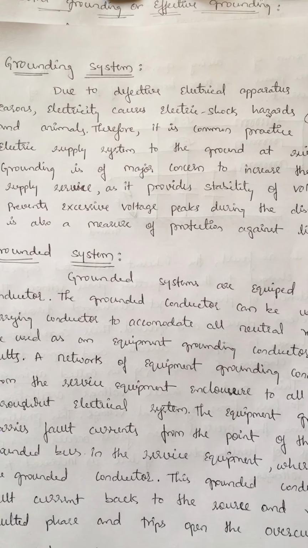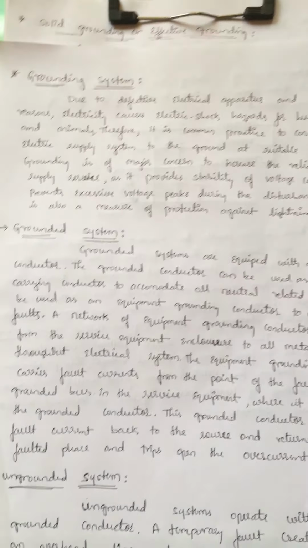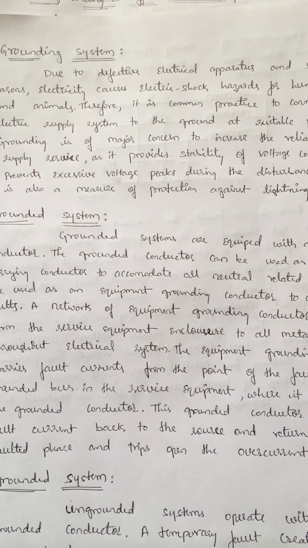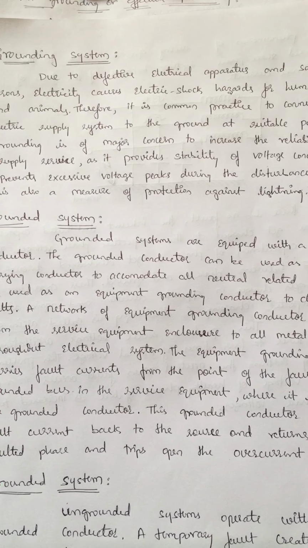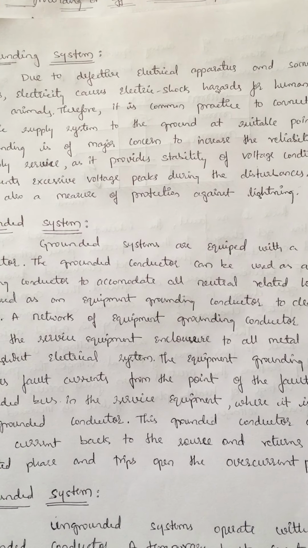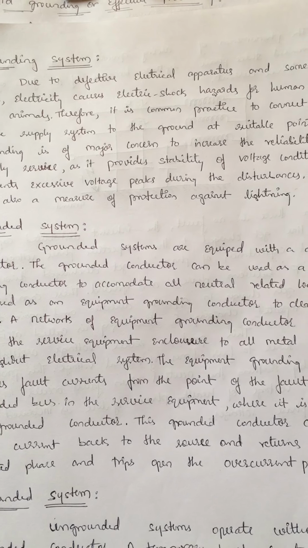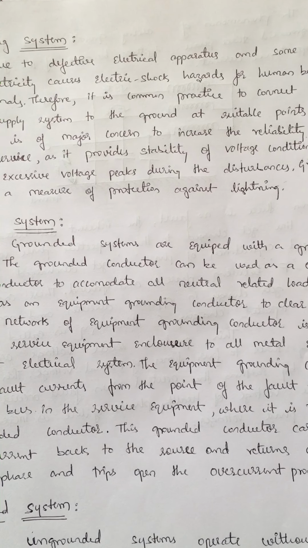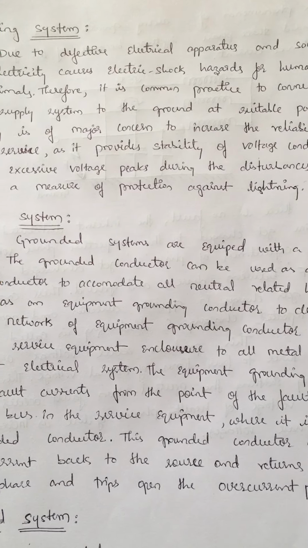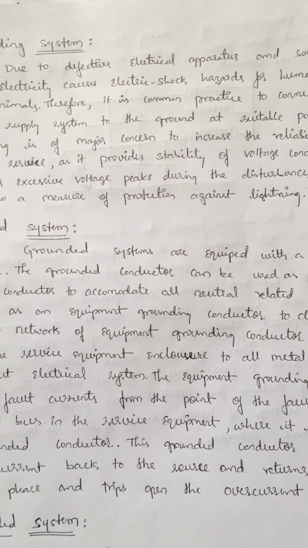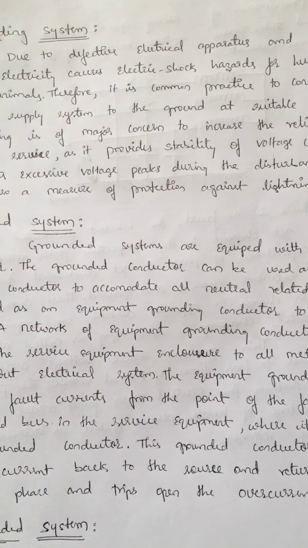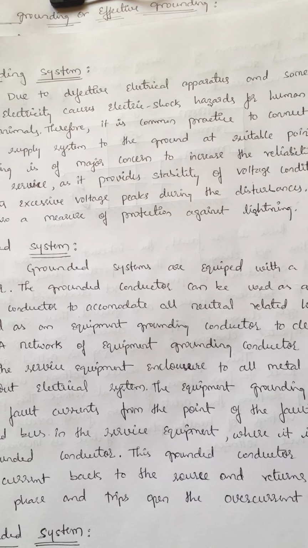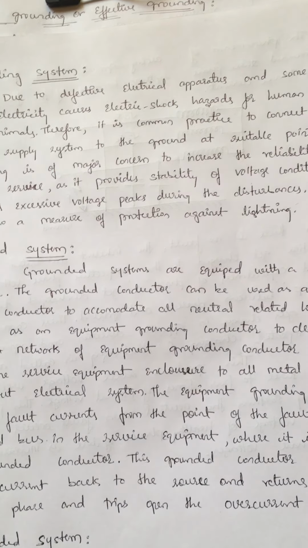Coming to the introduction, you all know what you mean by grounding. Grounding is a method by which we can avoid electrical hazards, and it is a common practice to connect the electric power system or electric supply system to the ground at suitable points, because when we do the grounding, it provides a conductive path for the fault current to the earth by using low resistance wires.